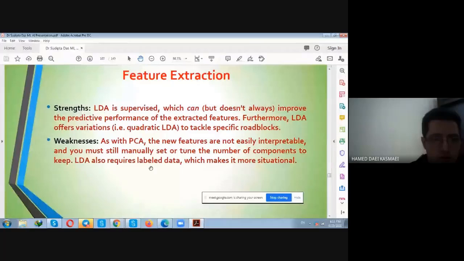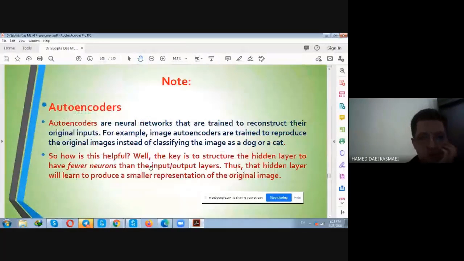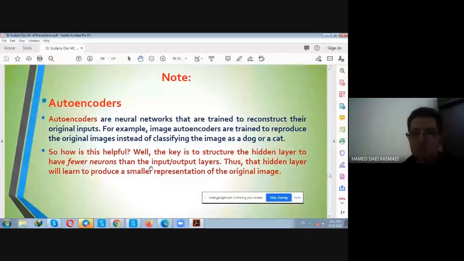Now, autoencoders are neural networks that are trained to reconstruct their original inputs. For example, image autoencoders are trained to reproduce their original image instead of classifying the image as a dog or as a cat. So how is this helpful?